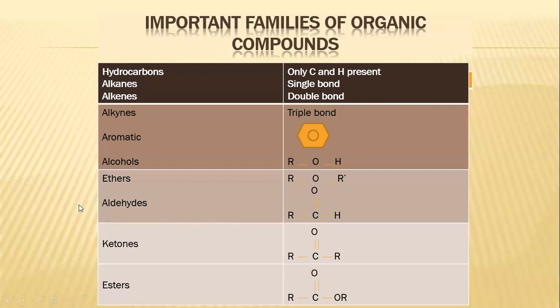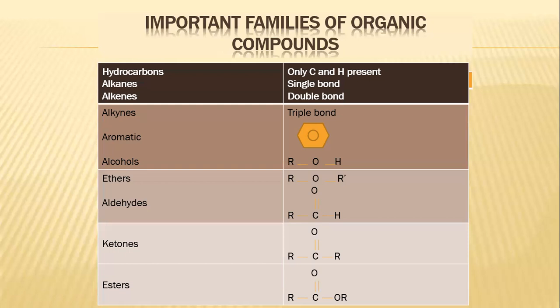Now I'm going to give some examples of aldehydes. If R is CH3, then two carbons are there with the aldehyde group. You call it ethanaldehyde, common name acetaldehyde.